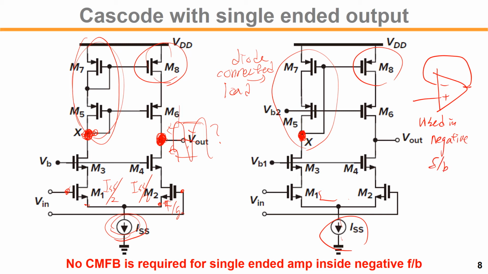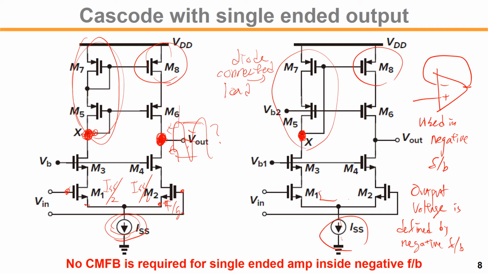So the output level will be well defined. The voltage is defined by negative feedback. There is another level of negative feedback used. Once this kind of amplifier is used, it is always used in negative feedback.